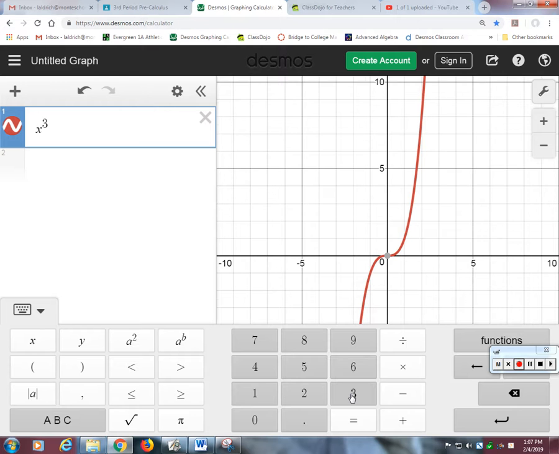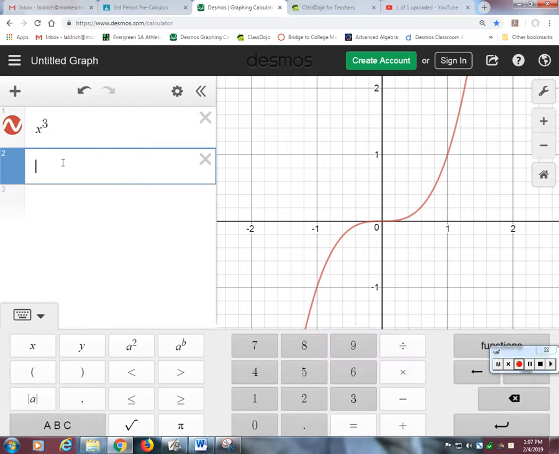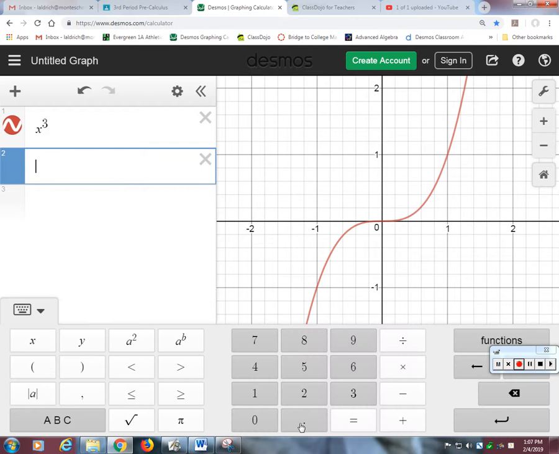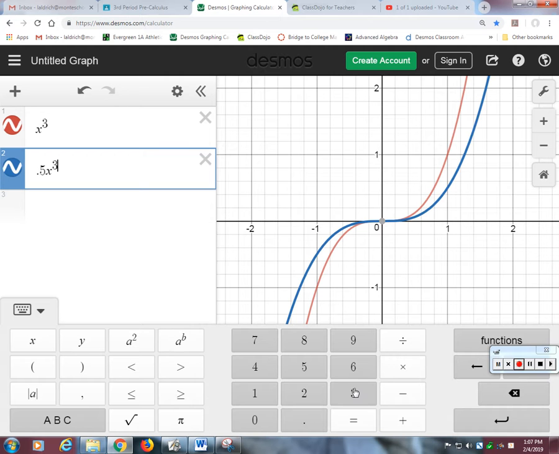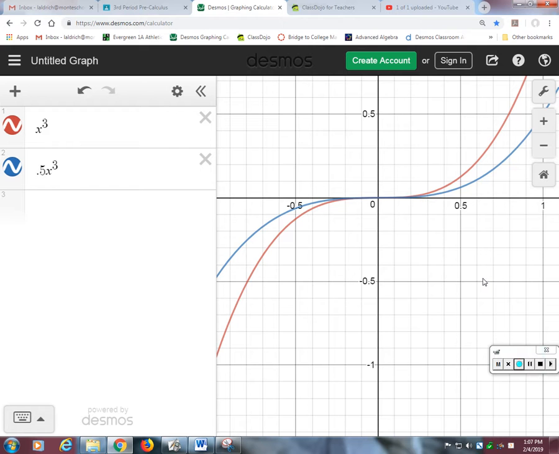I'm going to zoom in a little bit so we can see better, because this is kind of a strange one. If I now make this 1/2 x cubed, can you see how the blue graph is closer to the x-axis than the red graph? It's like the red graph has been shrunk down a little bit. It's been sat on. So that's what a vertical compression is.